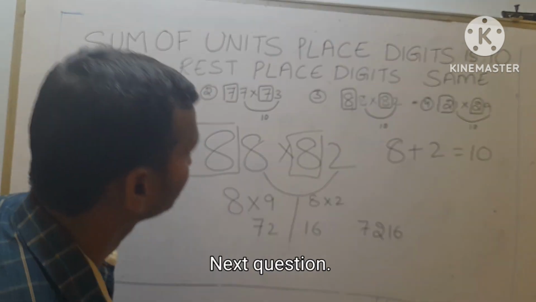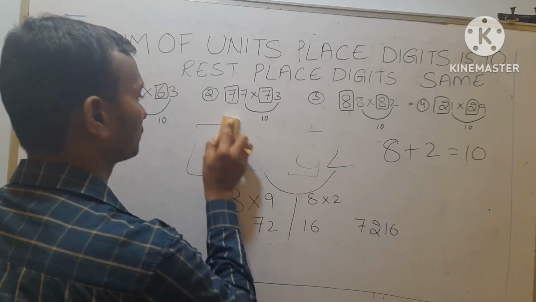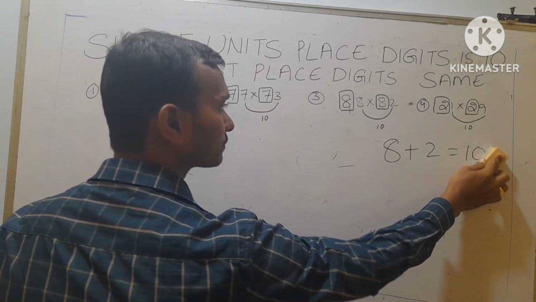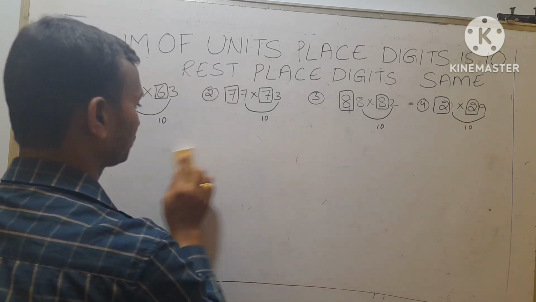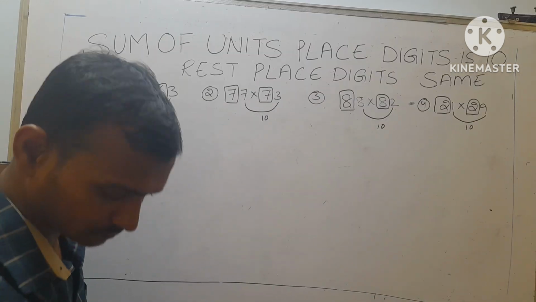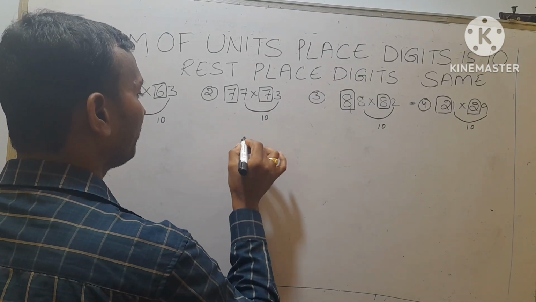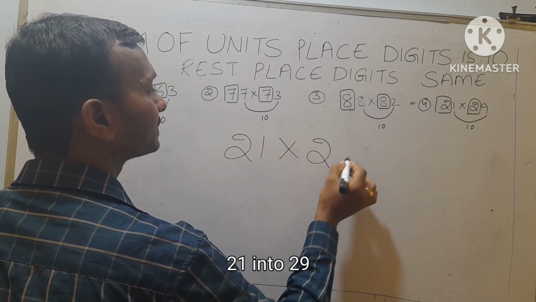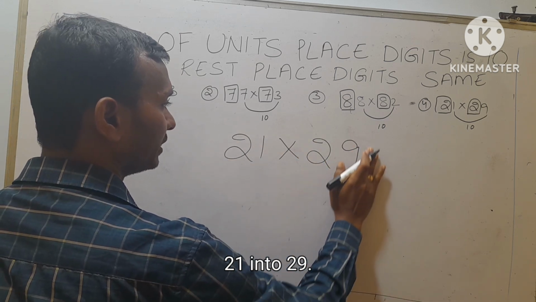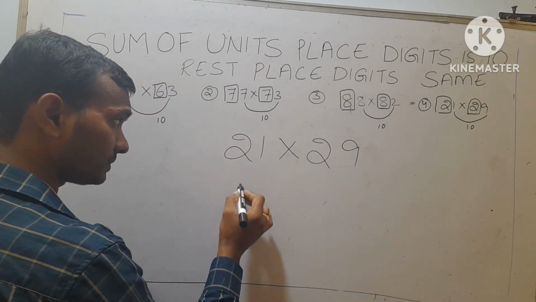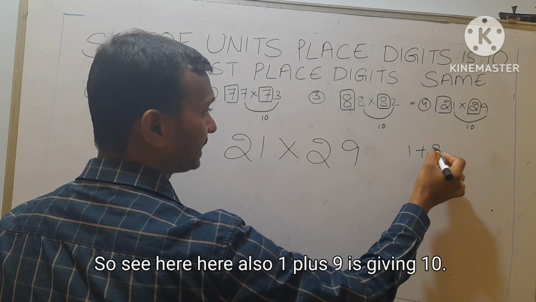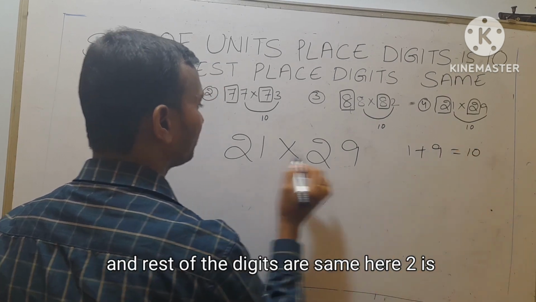Next question. 21 into 29. So see here also, 1 plus 9 is giving 10, and the rest of the digits are the same.